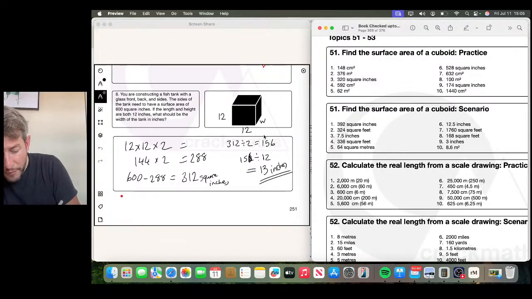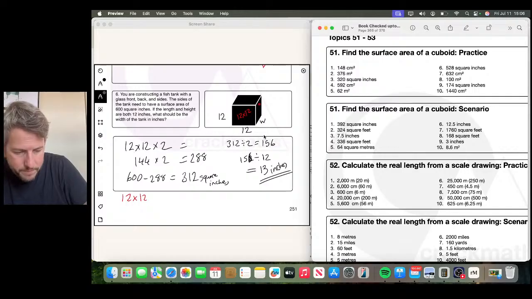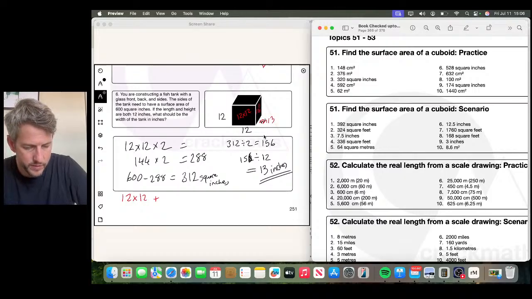So if mine is correct, we'd have 12 times 12 for here, plus this is 13, so this is 12 times 13 there. And this top one's 12 times 13 as well, isn't it?